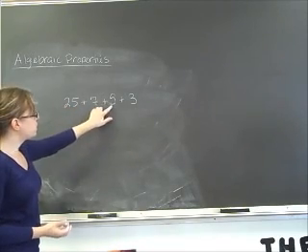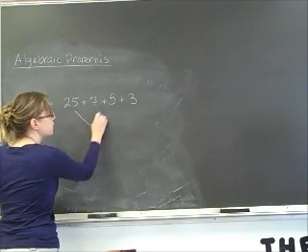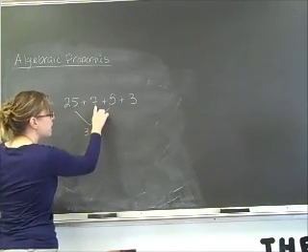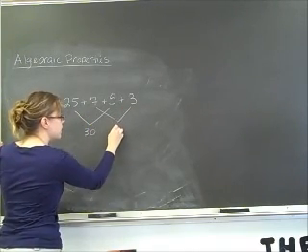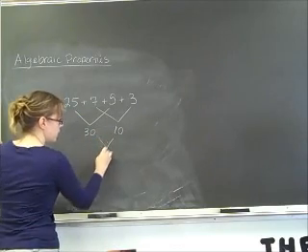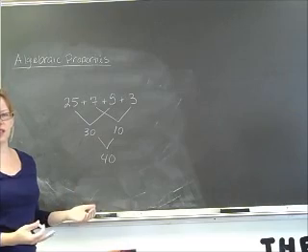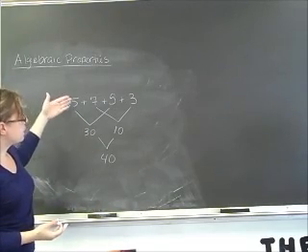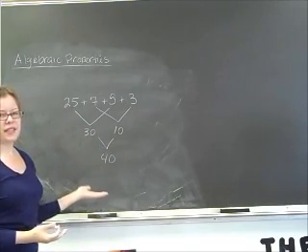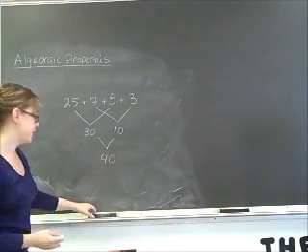So 25 plus 5, those two added together, give us 30. 7 plus 3 added together give us 10. And if we add those two together, we get 40. So there's an example where we're using the commutative property, and it makes it easier for us to do the problem in our heads.